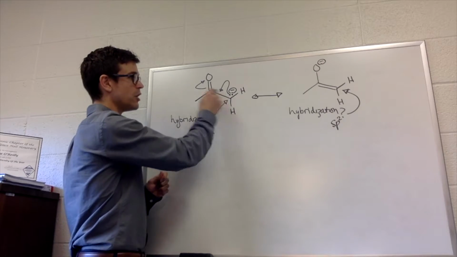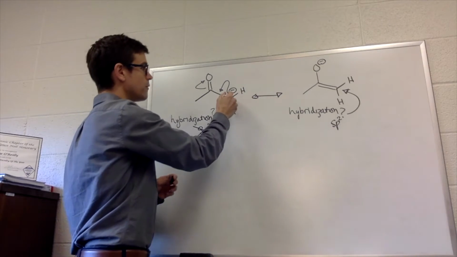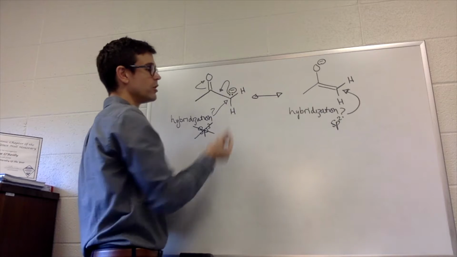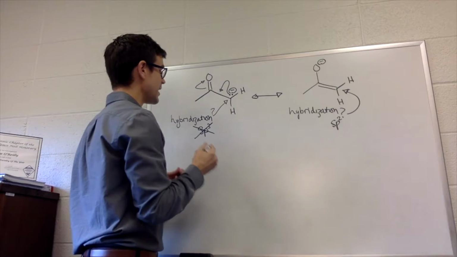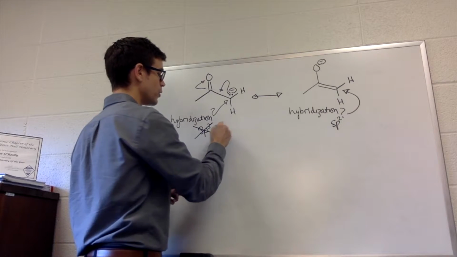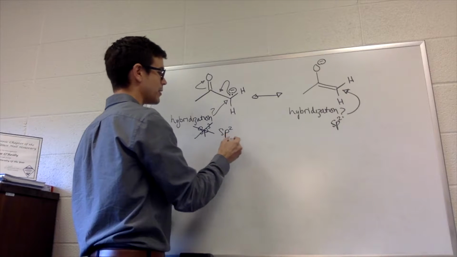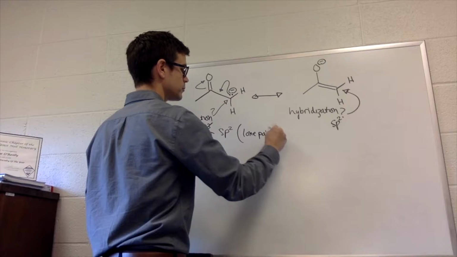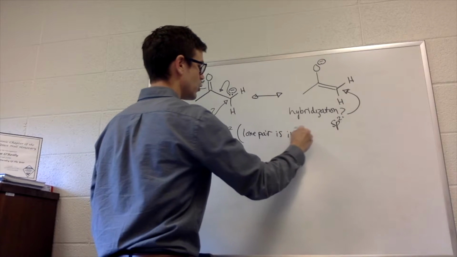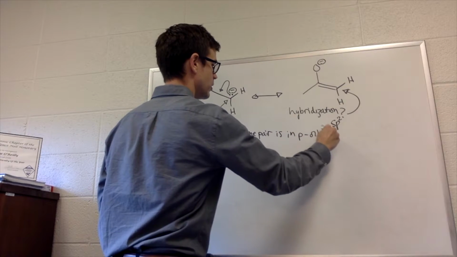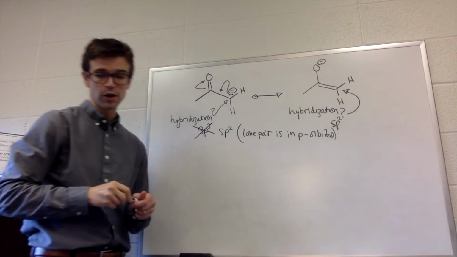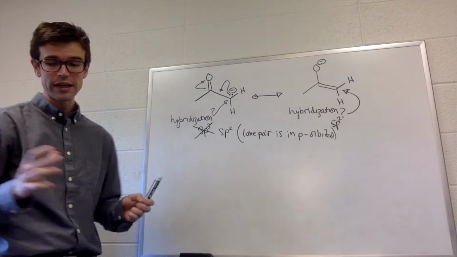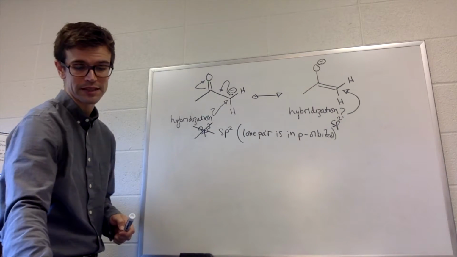If we look at this and we know that it's able to do this, for these electrons to be able to be delocalized, they have to be in a p orbital. So in reality, it's sp2 hybridized, and then the lone pair is in a p orbital. That's kind of the trickiest part of this hybridization stuff.